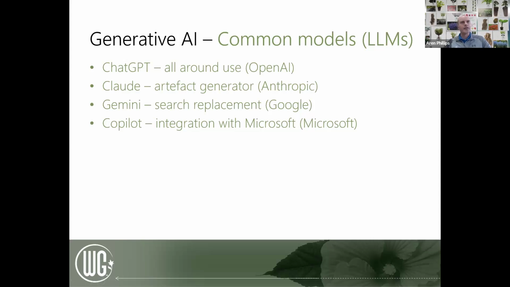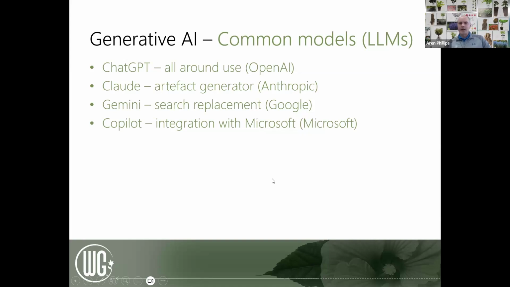It's the backbone of a lot of this news hype around AI, and it's what is getting a lot of the press coverage. ChatGPT is probably the best known generative AI user interface out there. I really like it for just all around use. I go to it for a lot of different things.